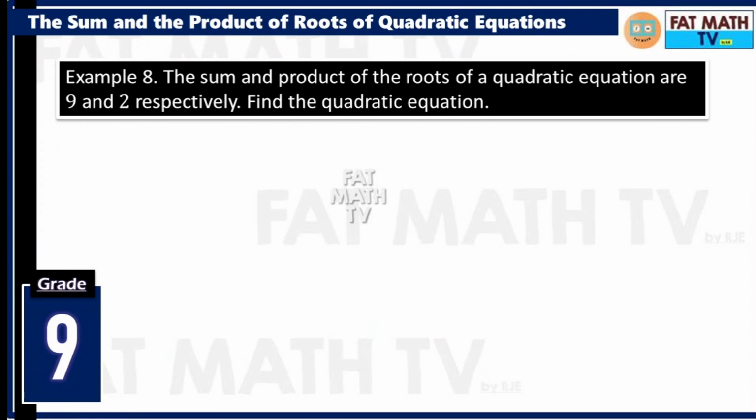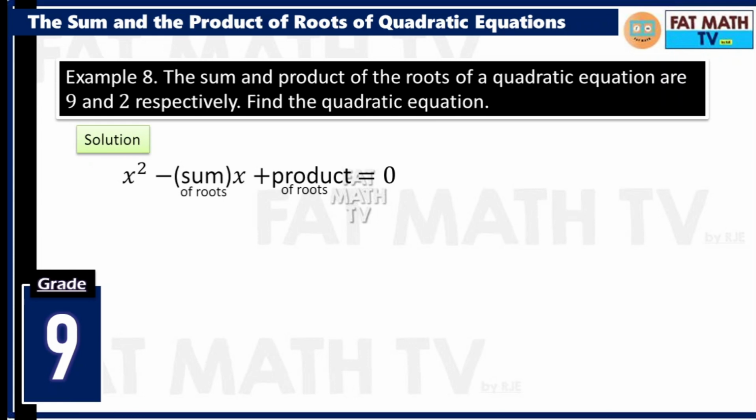Example number 8. The sum and product of the roots of a quadratic equation are 9 and 2 respectively. Find the quadratic equation. The sum of the roots is 9. The product of the roots is 2. So we can apply immediately this formula that the equation is x squared minus sum of the roots x plus product of the roots equals 0.